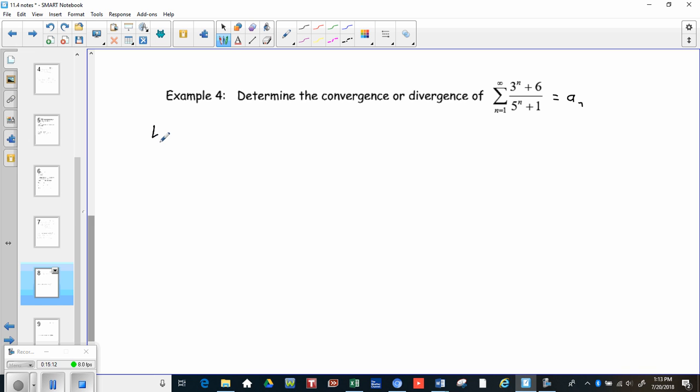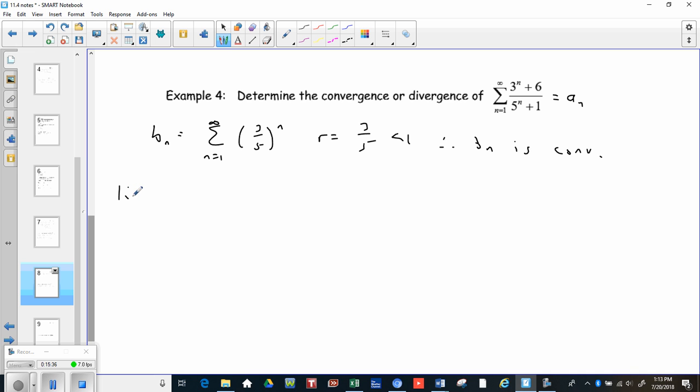So we're going to write b sub n is going to be the sum of (3/5) to the n, and we know this r is 3/5, less than 1, therefore b sub n is convergent.